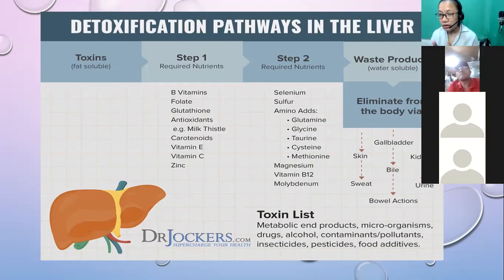You need a lot of the following amino acids: glutamine, glycine, taurine, cysteine, methionine. As you can see here, these amino acids are also the essentials for creating glutathione, right? So it is very important that amino acid precursors of glutathione and the glutathione antioxidant are present during detoxification.